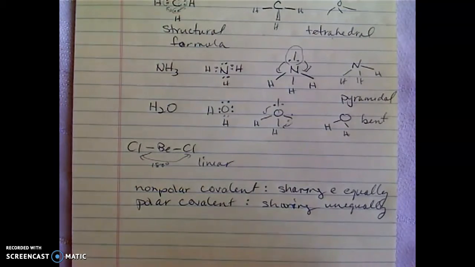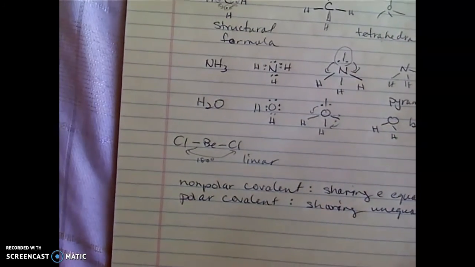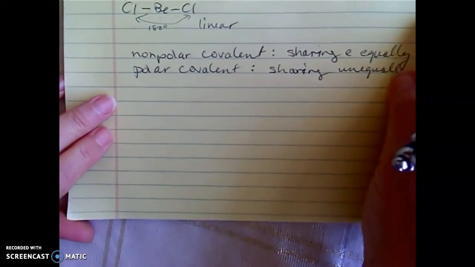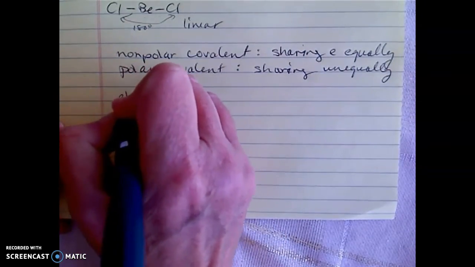Now, how do you know if it's going to be sharing equally or if it's sharing unequally? Let me move this around just a little bit. Okay. So, what you're going to use will be electronegativity values.